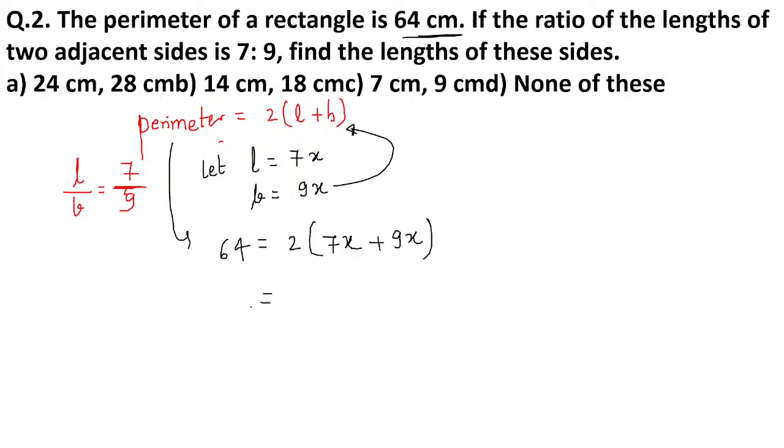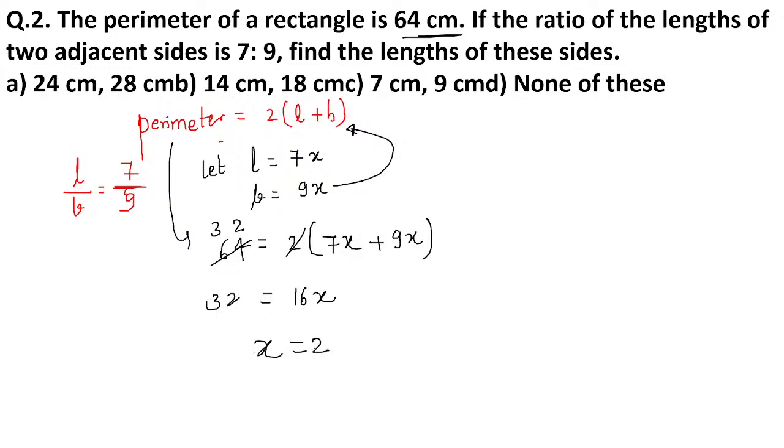Is everyone clear with this? Tell me fast. What is the value of x, students? Have you solved this? 2 3s are 6, 2 2s are 4, and this will give us how much? 16x. 16x is equal to 32. 16 2s are 32.